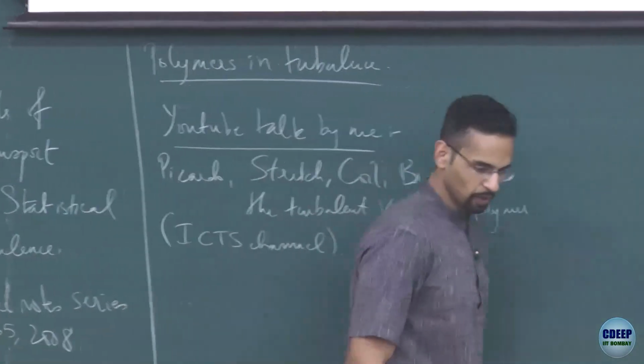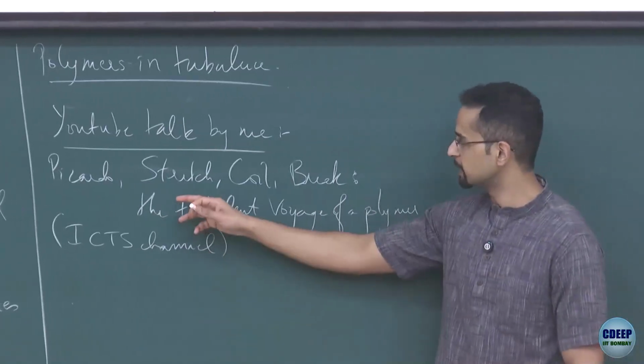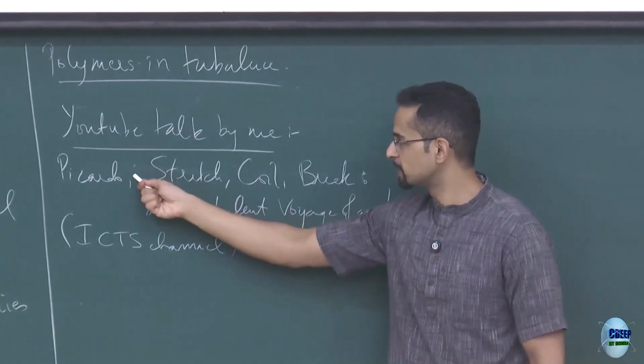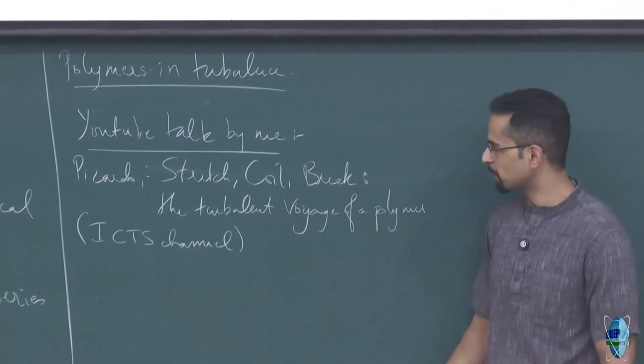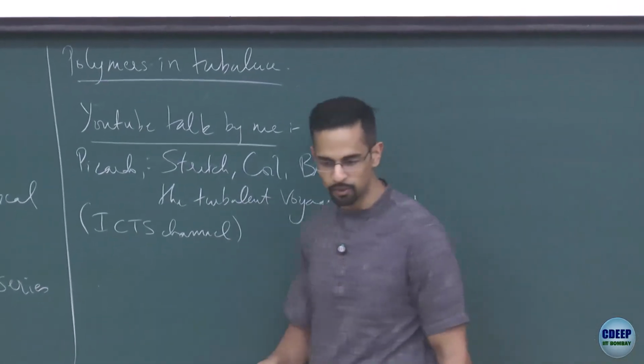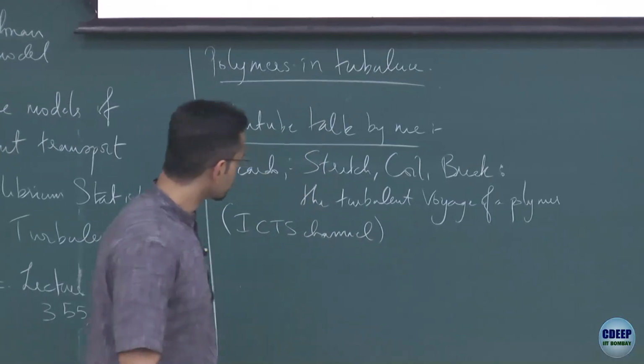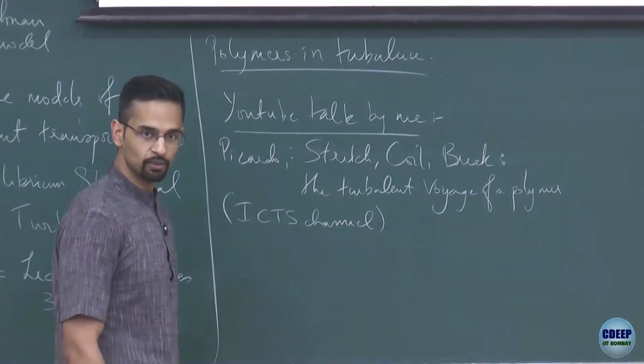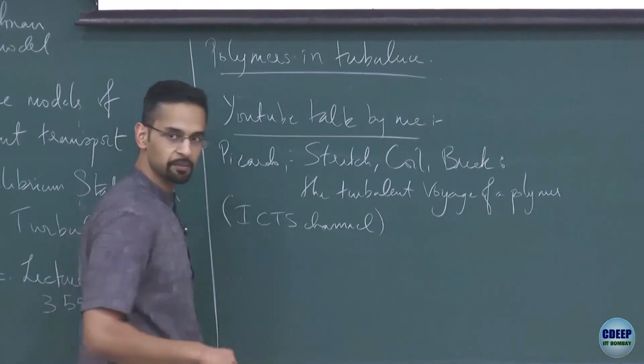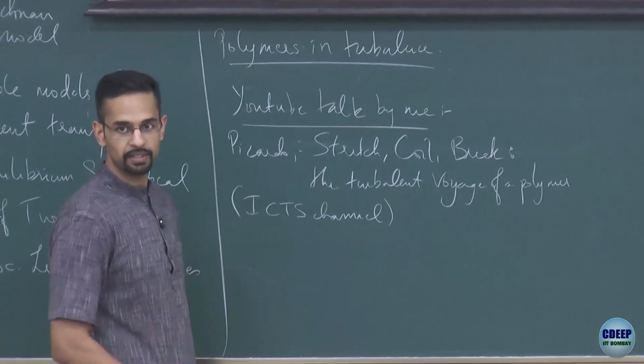Okay, so there's a YouTube talk which I have given entitled Stretch, Coil, Break: The Turbulent Voyage of a Polymer. It's on the ICTS YouTube channel. It was part of a workshop in soft matter. So that gives you a kind of overall introduction to this topic, and a couple of assignments, final projects in this course are based on this.